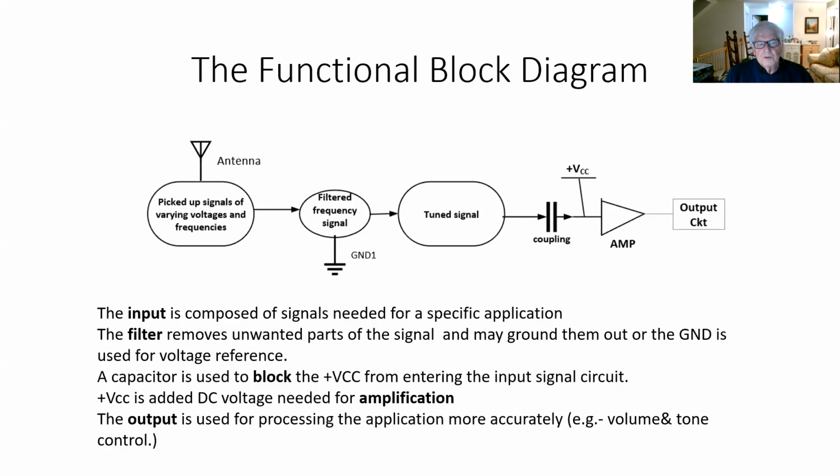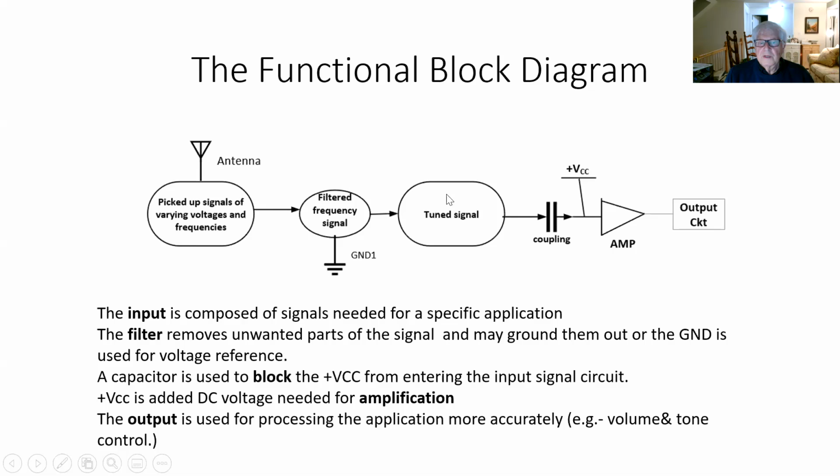So the transformer itself can boost it up a little bit. And then one of the first things that we do is we can filter out those unneeded portions, the noise stuff. Okay, we filter those out, send them to ground. What we're left with is another signal, a bunch of signals.